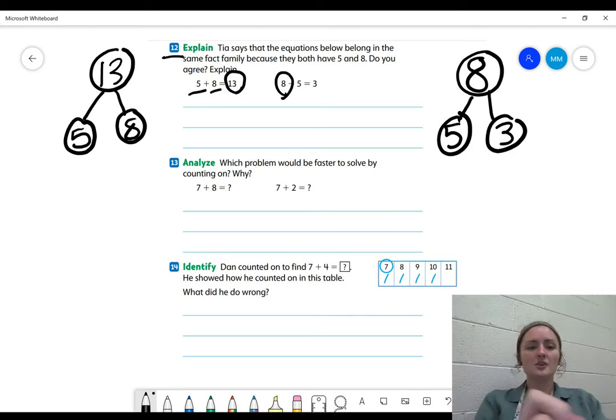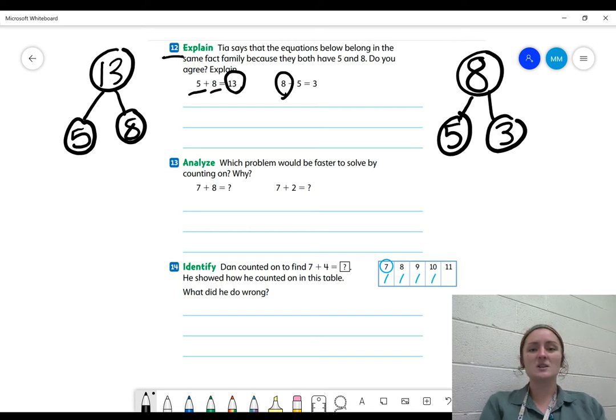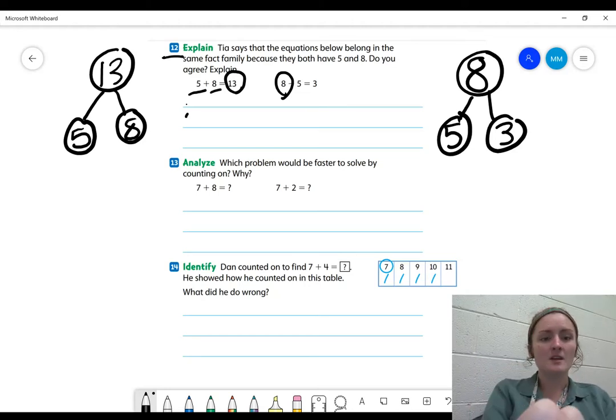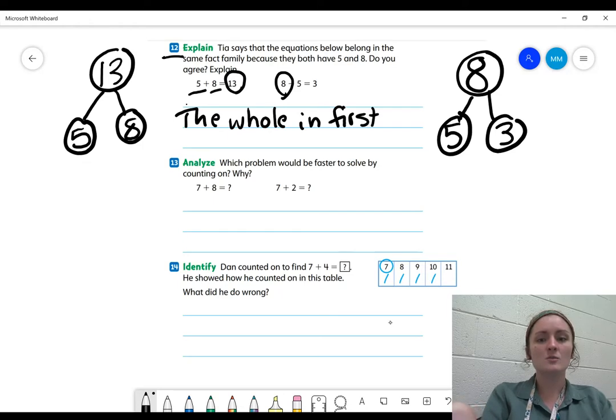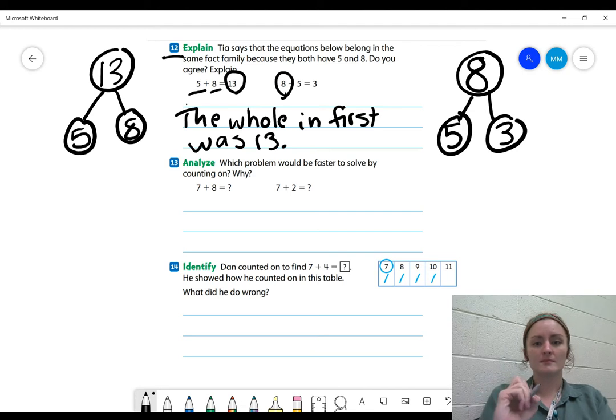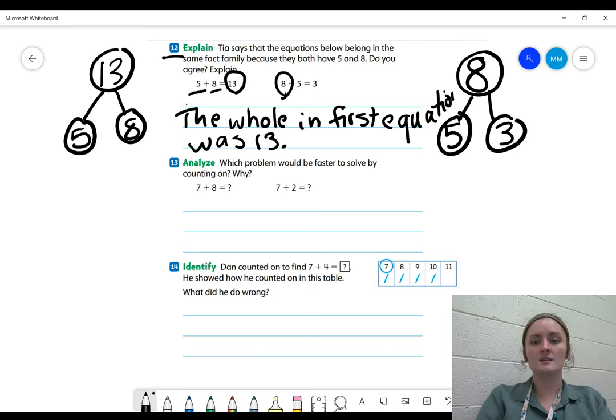So do we agree with Tia? Because Tia says that these belong in the same fact family because they both have 5 and 8. Was she correct? What are you noticing? I notice the whole in the first equation was 13.